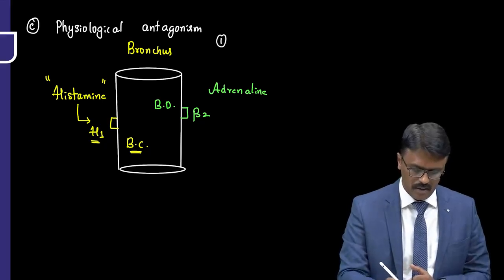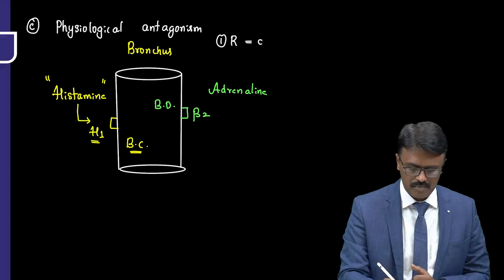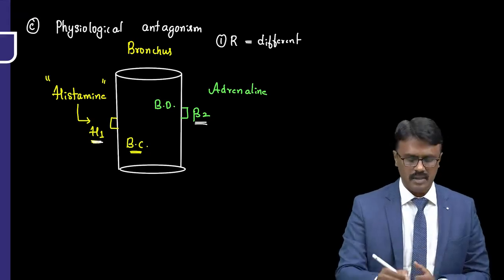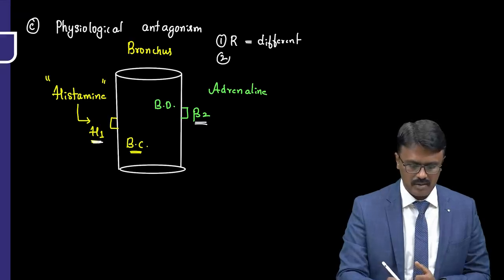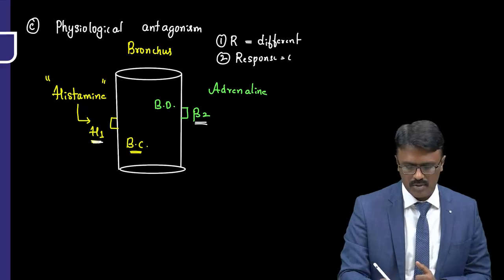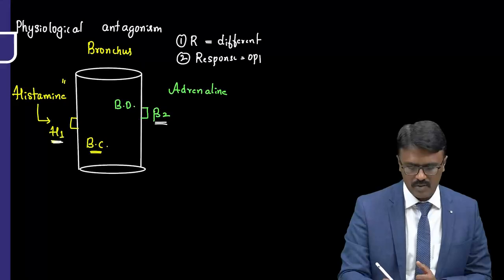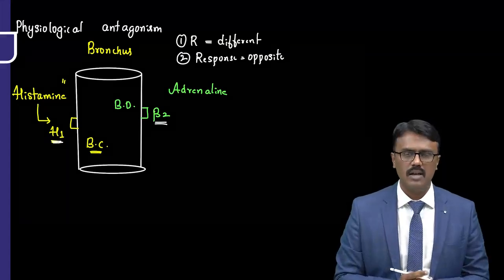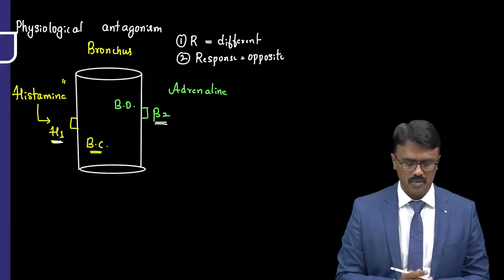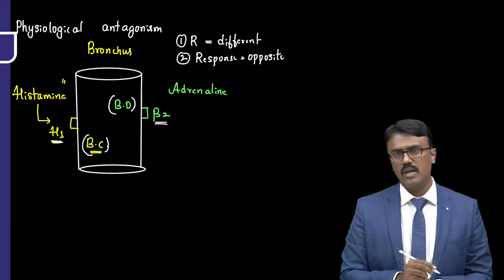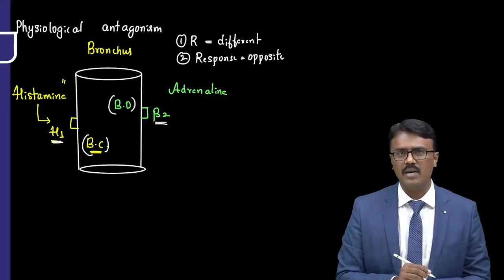Number one, the receptor should be different. Are the receptors different? Yes, this is histamine, this is beta 2. The second important thing is that the responses you see should be opposite. Bronchoconstriction, the opposite of that is bronchodilation. So then we call it physiological antagonism.